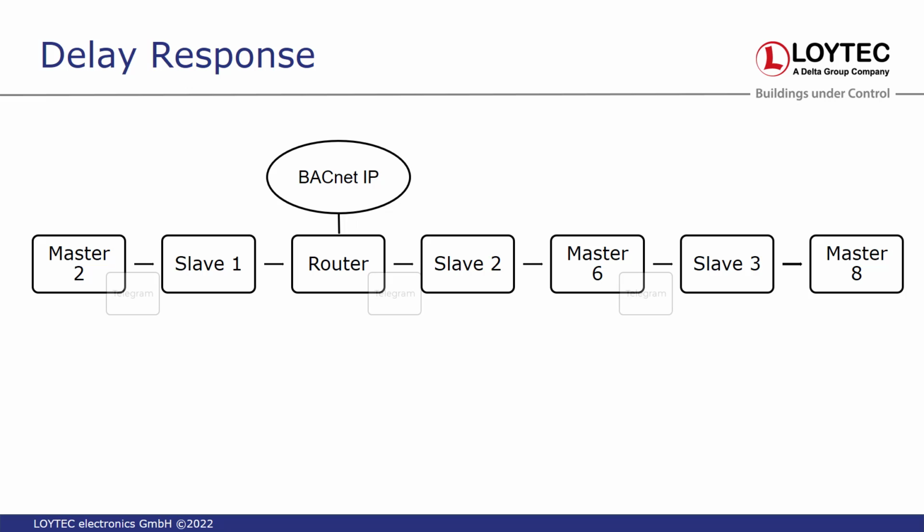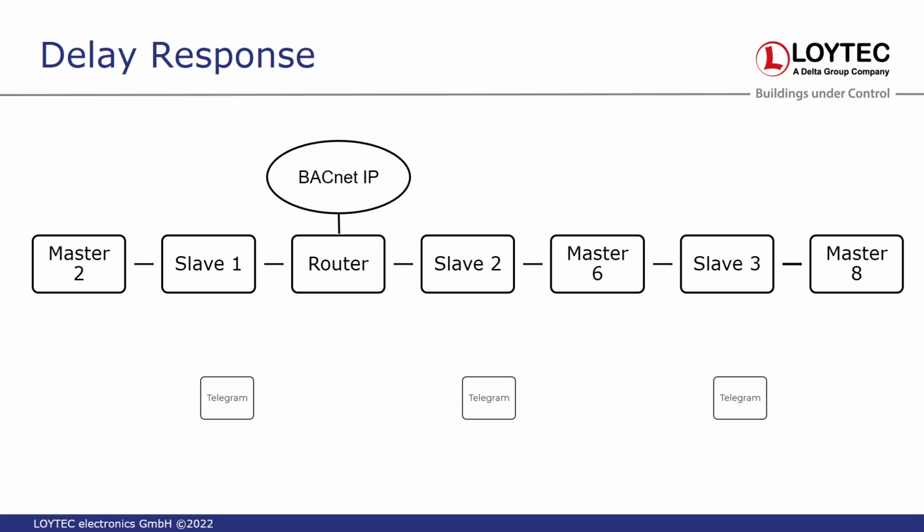What I could also imagine is that it could be an issue when you leave the max info frames for the links controller at 1. Then you might have a problem, because when you have 40 devices, they're all passing one token to the next, to the next. The links controller needs to wait until it gets the token, and then it's only allowed to send out one request and get one response, and then it needs to get the token again, going through the whole line of 40 devices until it's allowed to send out the next packet.